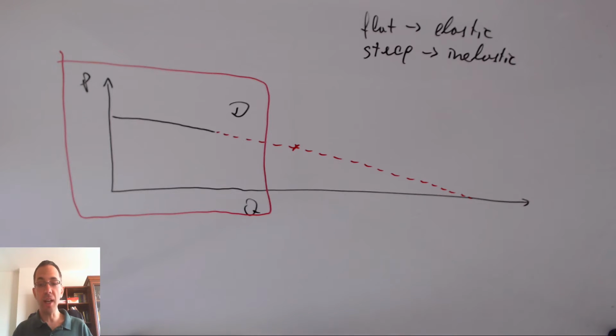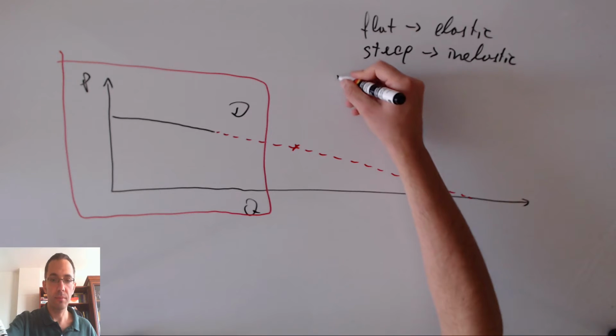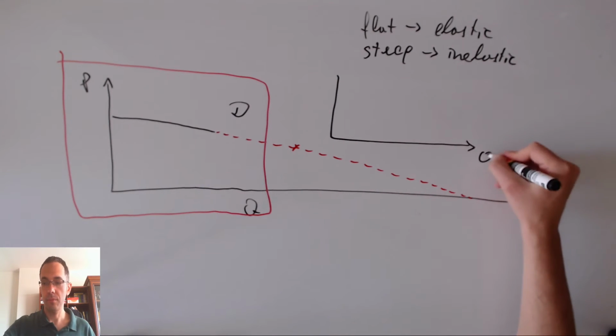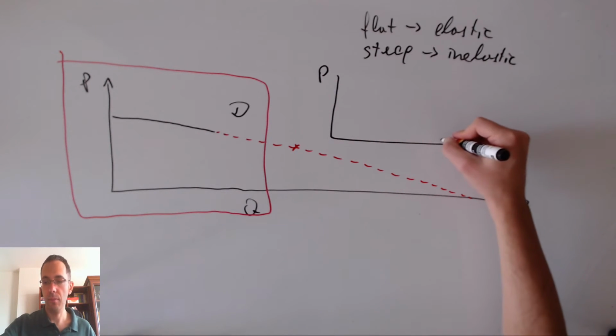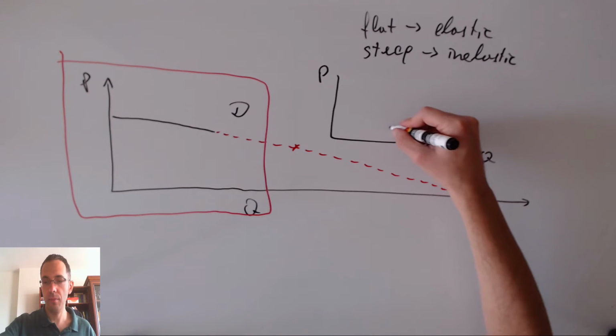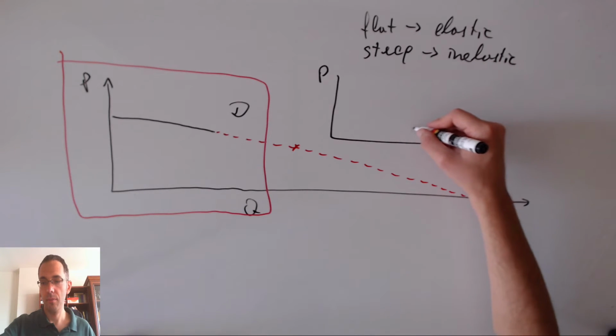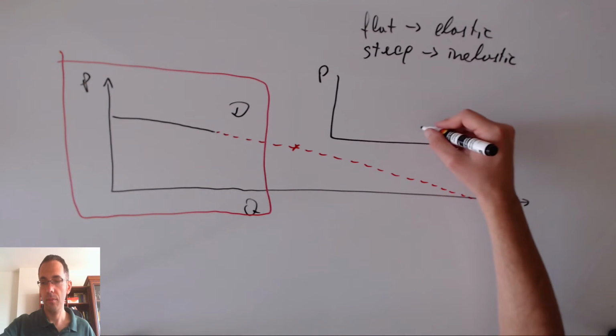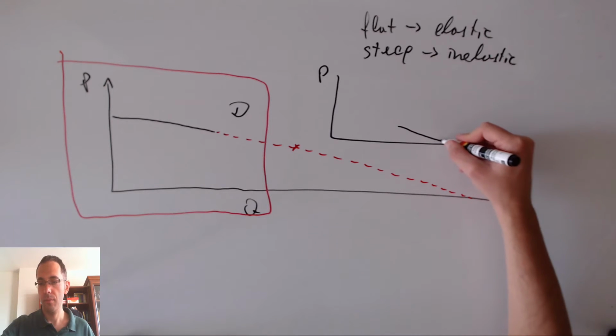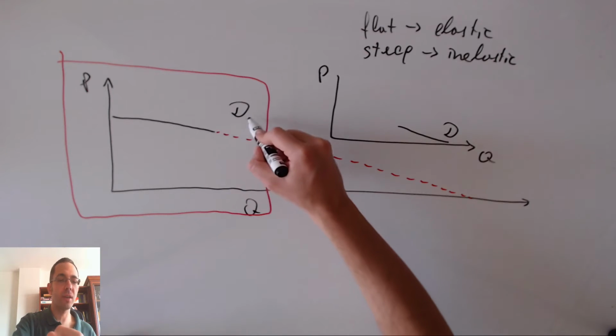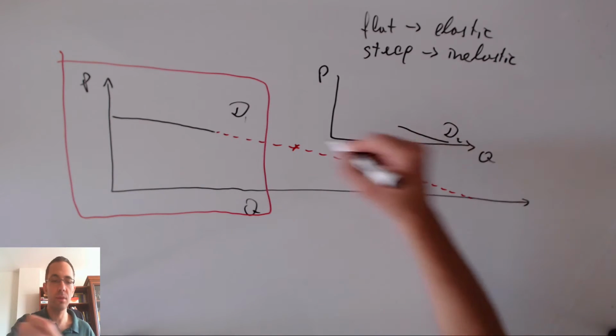If on the other hand we would see something like this, which I'm trying to match the slope of this one, D1, and let's say this one, D2.